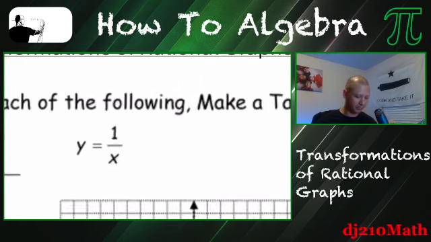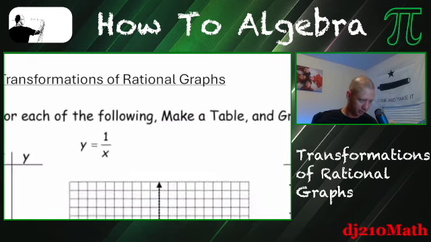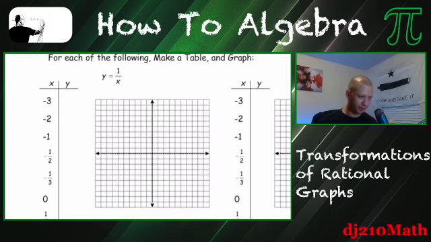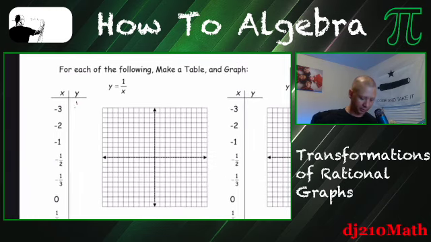So the most basic rational function is 1 over x. Y equals 1 over x. So what does this look like? You can pause the video and fill out the chart. I'm going to do it fairly quickly here. So whatever x is, it's going to go into the denominator, 1 over that number. Right, so this is going to be 1 over -3, -1/3 basically.